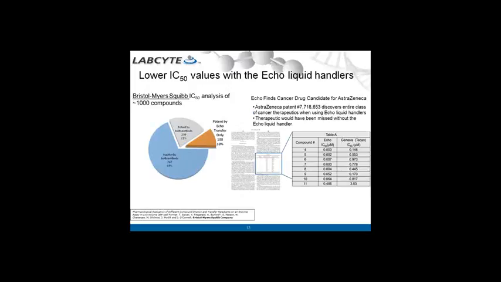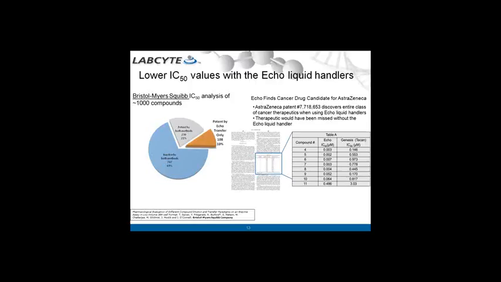So similar findings have been reported by a few other pharmaceutical companies. In BMS case, when close to 1,000 compounds were screened, 10% of compounds showed potency only when Echo was used as a liquid handler, whereas in AstraZeneca case, some compounds showed greater than 200-fold more potency when Echo was used as their liquid handling system.